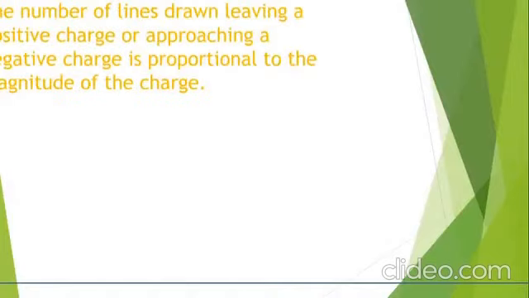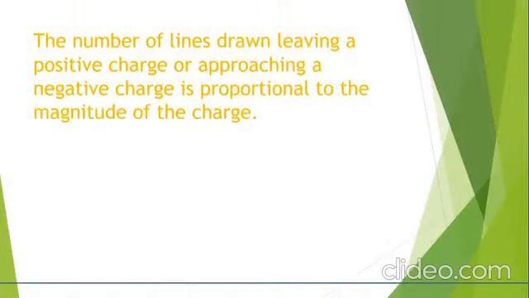One of the rules is that the number of lines drawn leaving a positive charge or approaching a negative charge is proportional to the magnitude of the charge. That means if the magnitude of the charge increases, then the number of lines drawn also increases, and if it decreases, the number of lines also decreases.